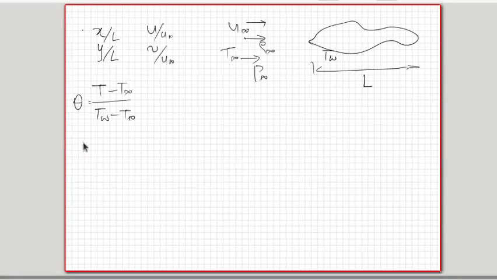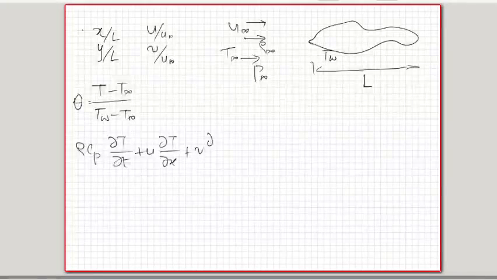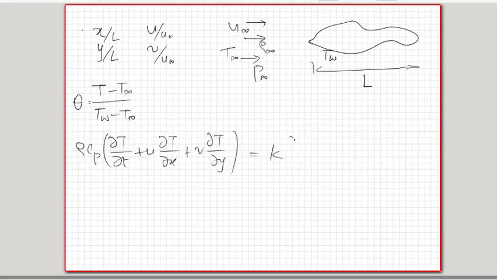If I write it expanded, and take a constant Cp, then I'll get rho Cp times del T by del t plus U del T by del X plus V del T by del Y. So this is your left hand side, and this is equal to, if I again take a constant K, K times del squared T by del X squared plus del squared T by del Y squared.